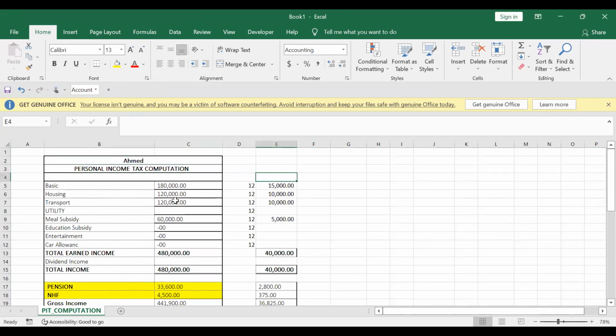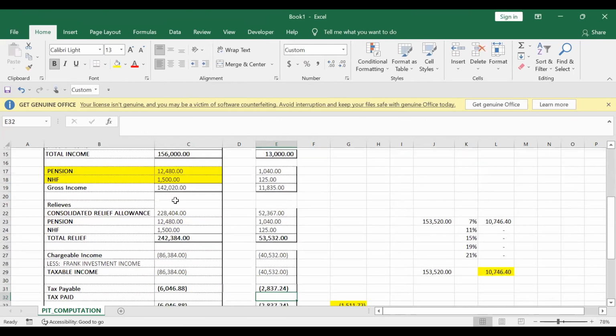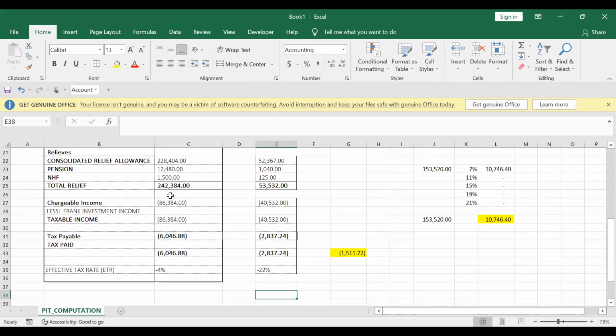Let's create a scenario. Let's assume this is 5,000, this is also 5,000, and this is also 3,000, and this is nil. By the time we calculate everything here, you notice that your chargeable income is negative.